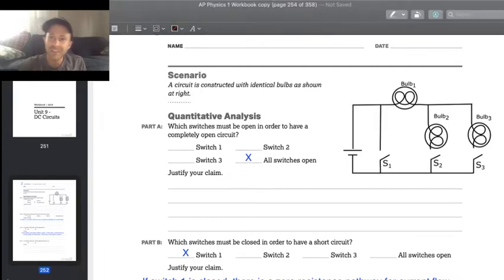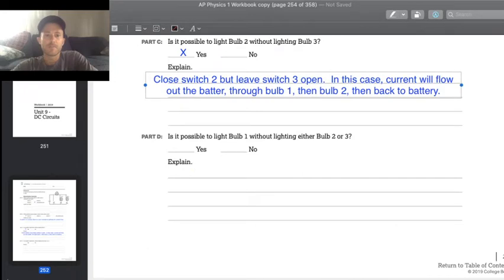To get back to the battery, the current has to flow through either bulb 2 or bulb 3. So it's impossible to light up bulb 1 without also lighting up either bulb 2 or bulb 3. So the answer to that is no.